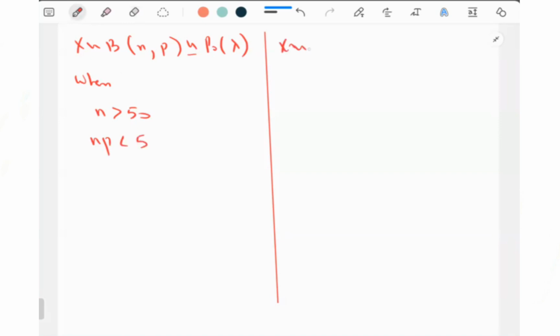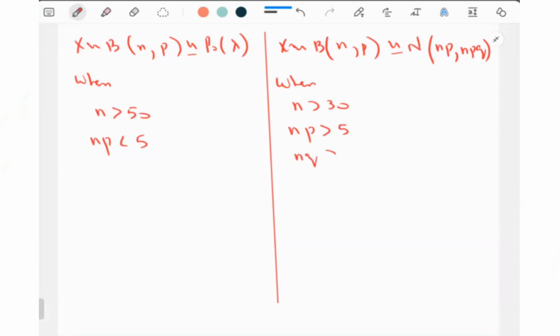Whereas X is a binomial distribution n, p can be converted to normal distribution np, npq when n was greater than 30, np was greater than 5, nq was greater than 5. Agree?